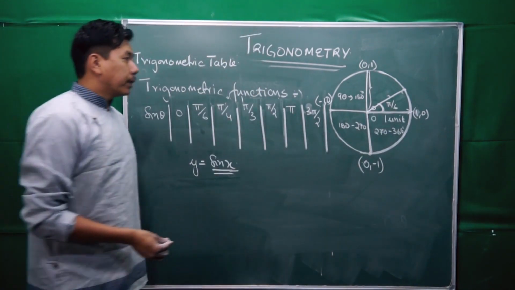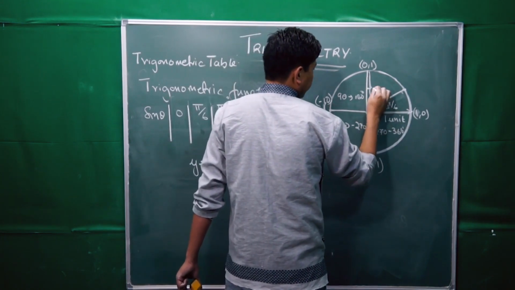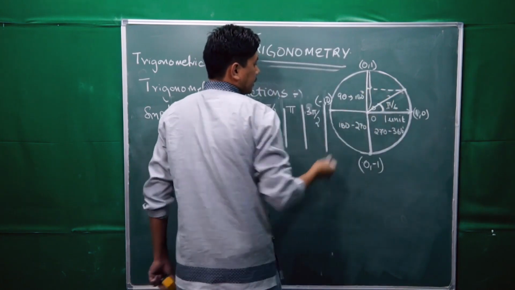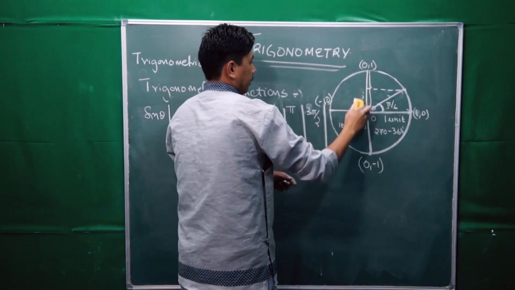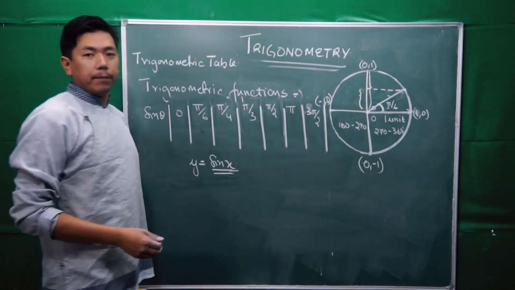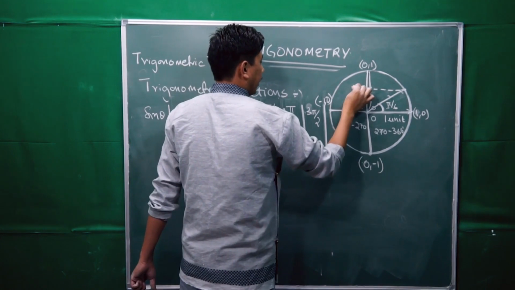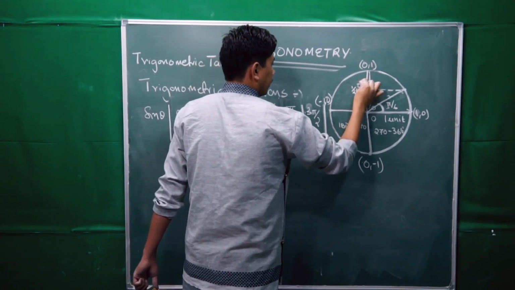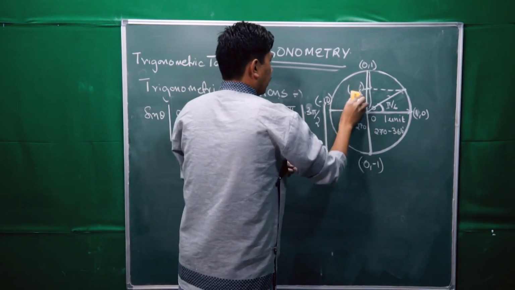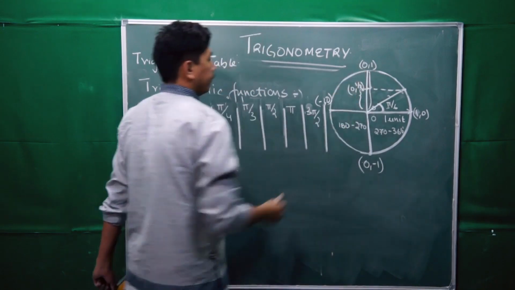Okay. So what is happening? For pi by 6, the value of sine x is this length. Okay. And for simplicity, let's say it is half, sorry, 0, half.